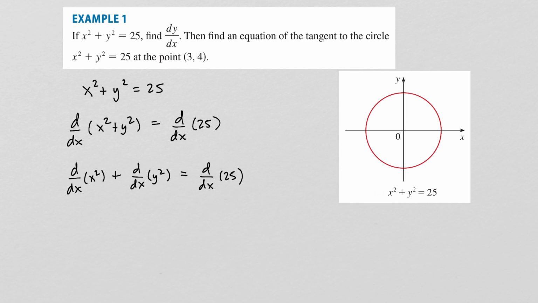Now the derivative of x squared, we know that is 2x plus, and this is the tricky part, the derivative of y squared is 2y, but because y is a function of x, we have to multiply by the derivative of y with respect to x, which is dy dx. And this is equal to the derivative of 25, which we know is 0.